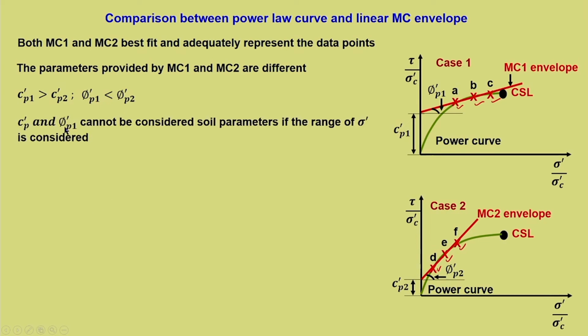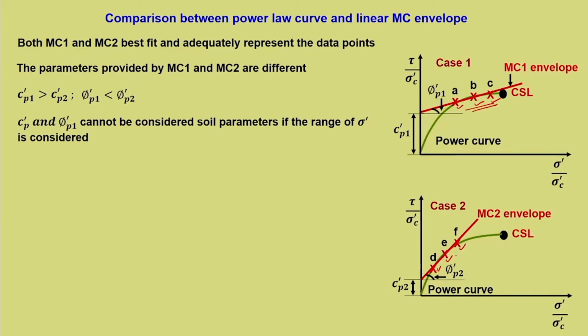Now, C dash P and phi dash P cannot be considered soil parameters if the range of sigma dash is considered. Now, we are going against what we said in the previous slide, where these normalized parameters C dash P and phi dash P were considered fundamental parameters, provided we are referring only to the initial state; then it is correct.